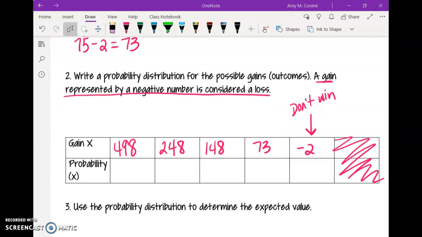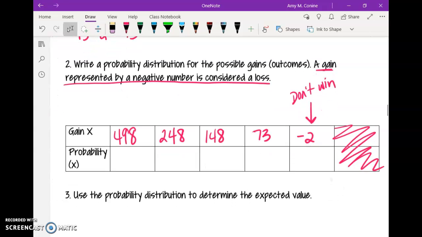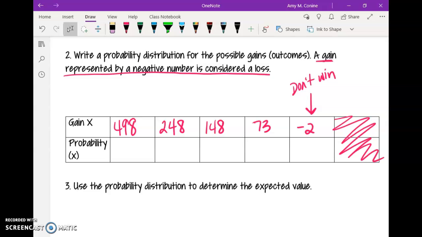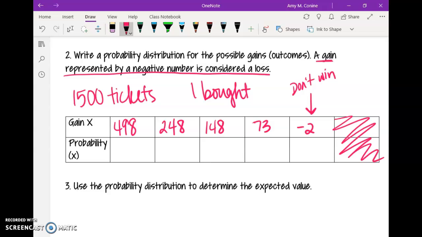Okay. All right. So using what we know from the amount of tickets that were sold, there were 1,500 tickets in this raffle. We bought one of them. So that means the probability of winning the $500 prize, or the $498, would be 1 out of 1,500.